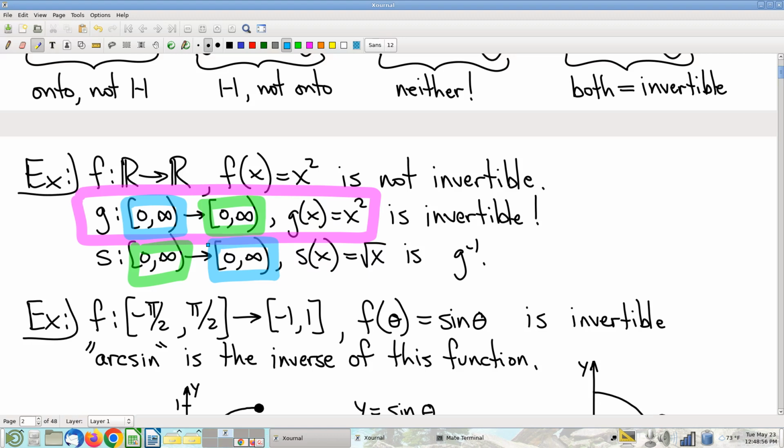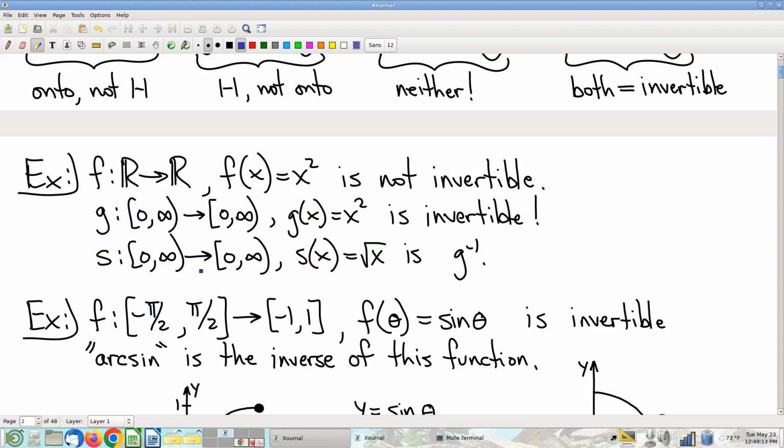It's 1-to-1 and onto, bijective in other words. And so I can define its inverse. And here it is. There's the inverse function. Okay. Is everybody good? So the domain and target of the inverse function is always the reverse of the original. That's exactly right.